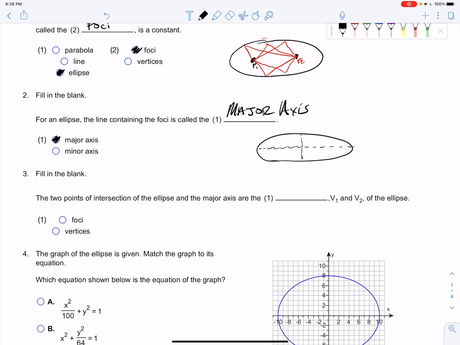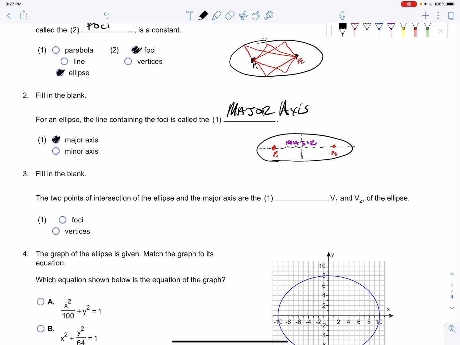So this would be the major. For an ellipse, the line containing the foci is called the major axis. Yes, focus number 1 and focus number 2 are going to be on that major axis, not on the minor. It's always going to be on the major elongated axis.